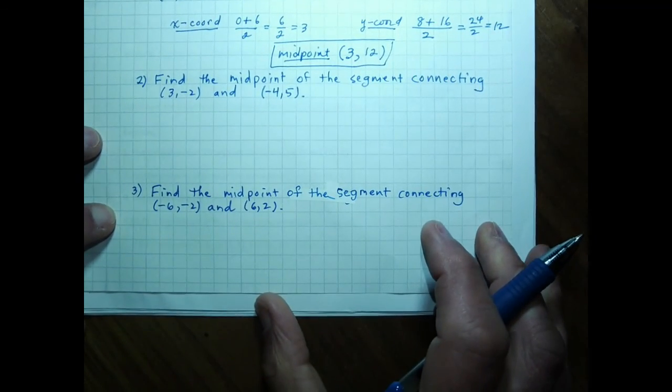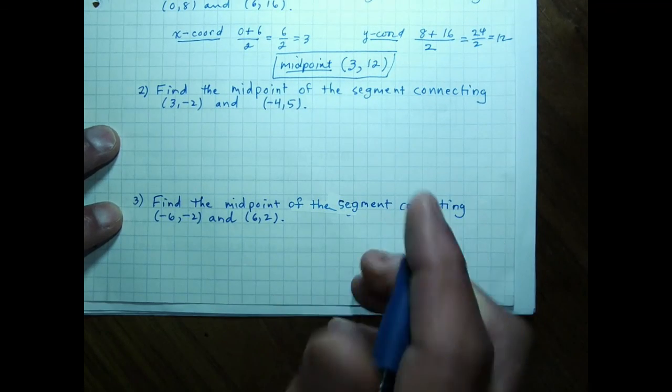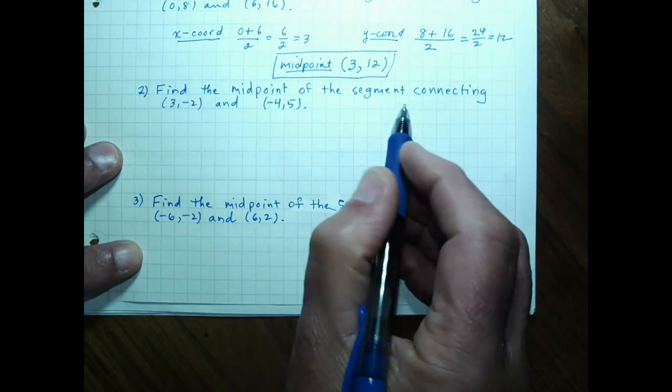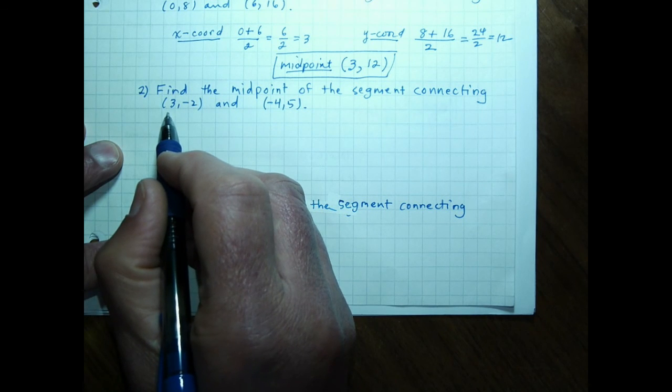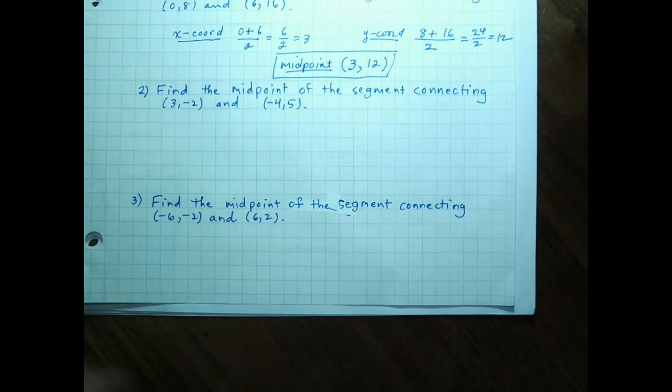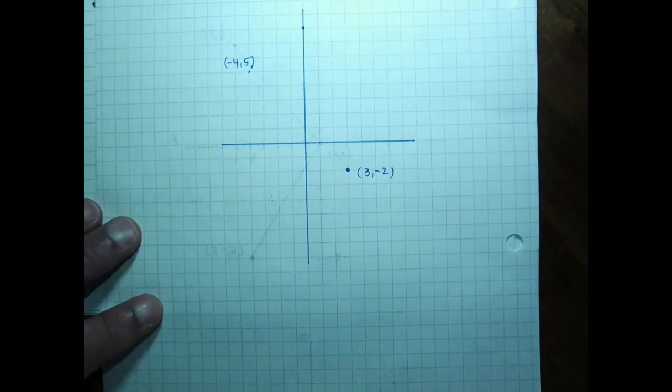And we'll do a couple more where we're just throwing in some negative situations, because here we're going to find the midpoint of the segment connecting (3, -2) and (-4, 5), and I think I have a picture drawn of that one.